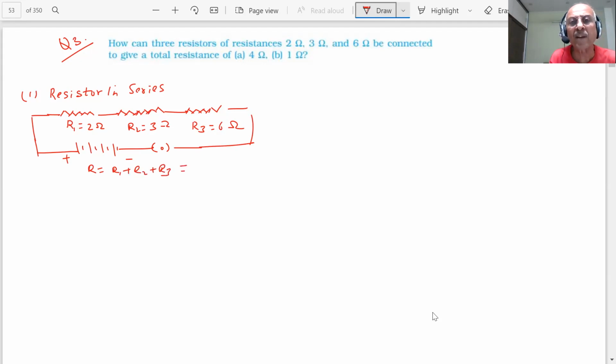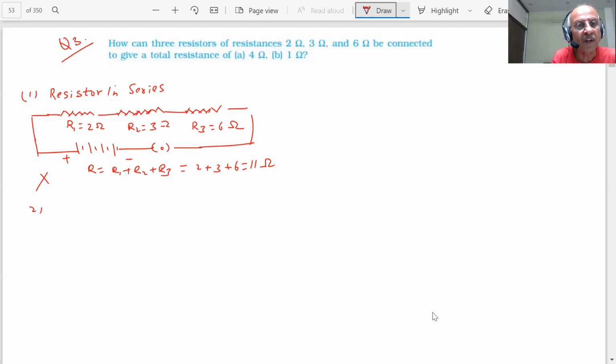This will always be more. How much is that now? 2 plus 3 plus 6, 11. So this is not the answer for this question. Is it the answer? No, because the resistance increases when we connect them in series. So this is not the correct answer.